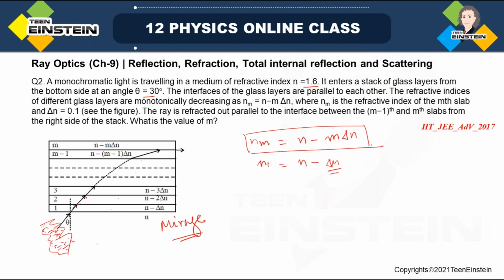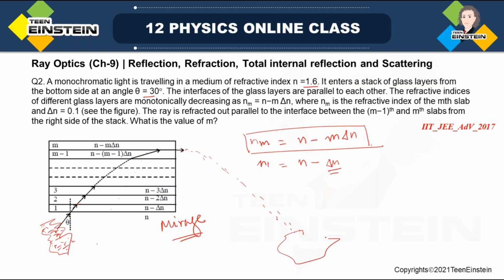So at some point the angle of incidence becomes the critical angle for that particular layer. With the respective refractive index, we can find out what the critical angle is, and from that it will symmetrically come down here.